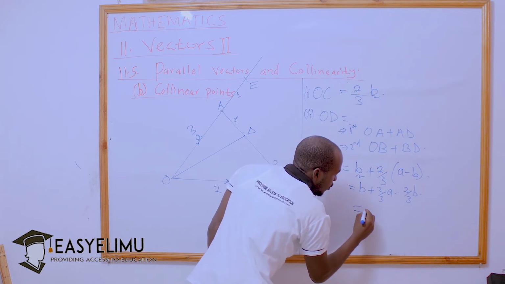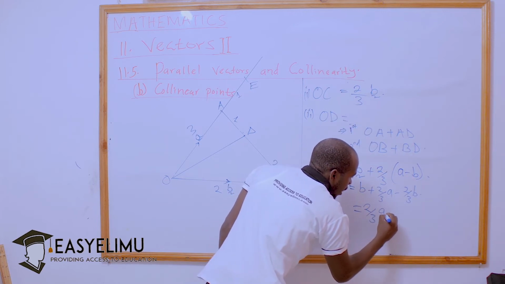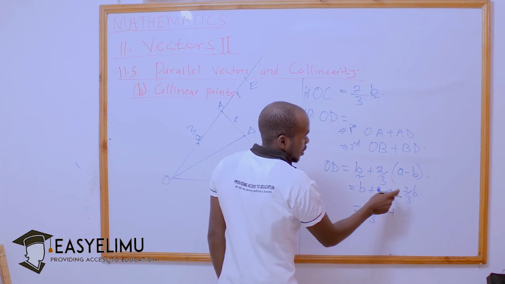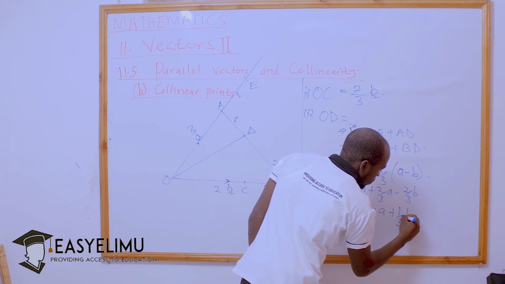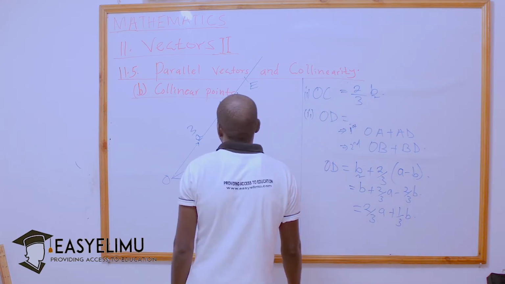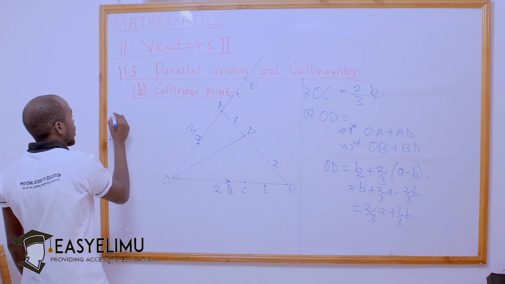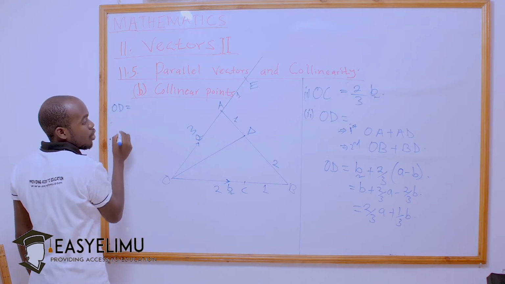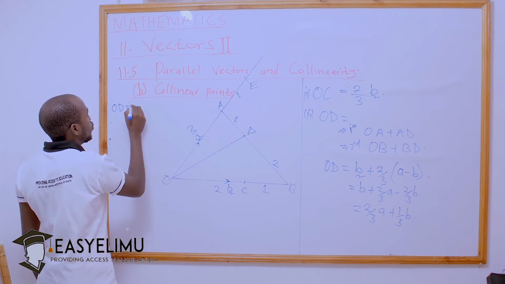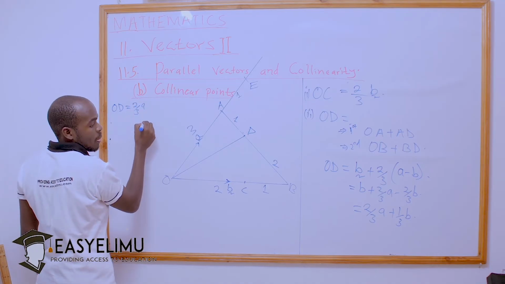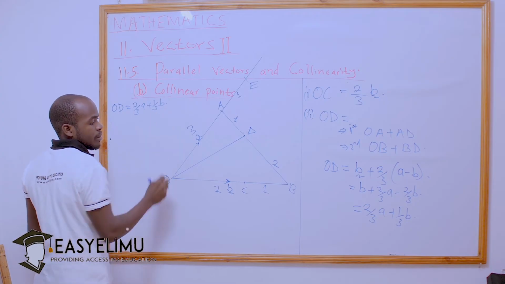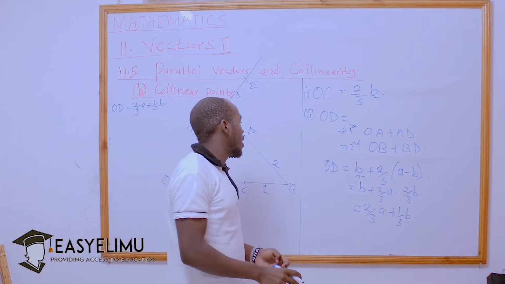This will give you 2 over 3A plus a third B. So we have found, we shall write them here, maybe they will help us later. So OD is equal to 2 over 3A plus a third B.